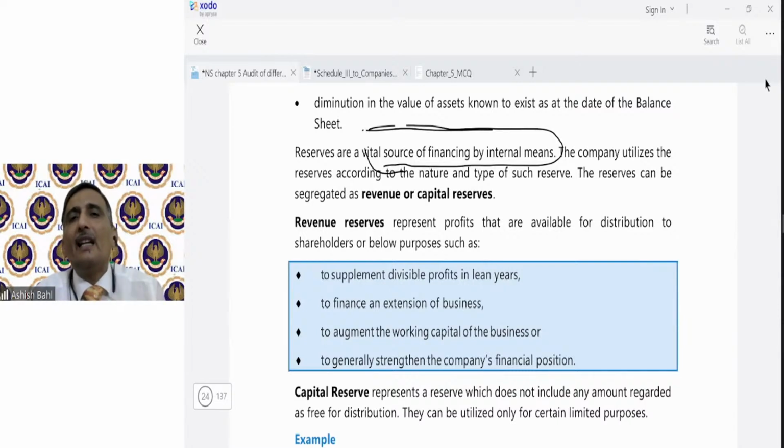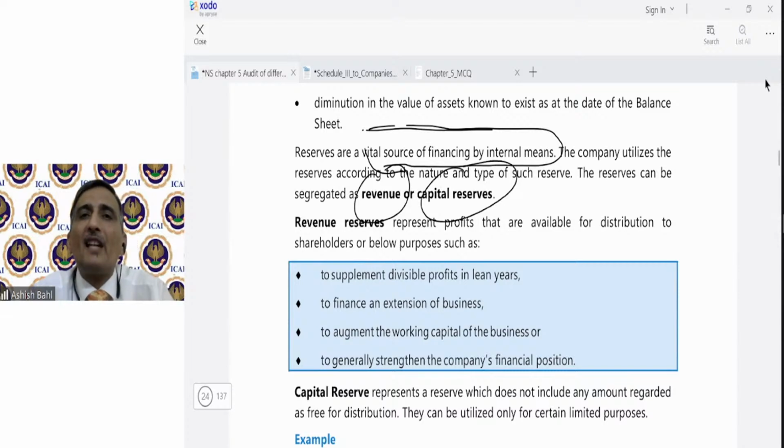It is a means of internal financing, and the company can use it for expanding its business, for meeting its working capital requirements. Reserves can be revenue reserves or capital reserves.